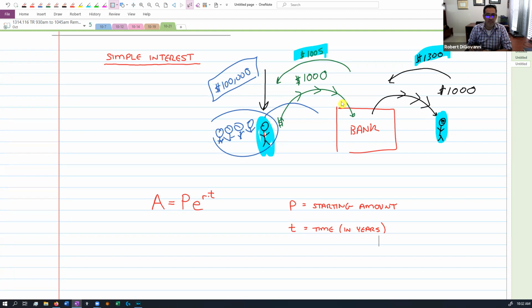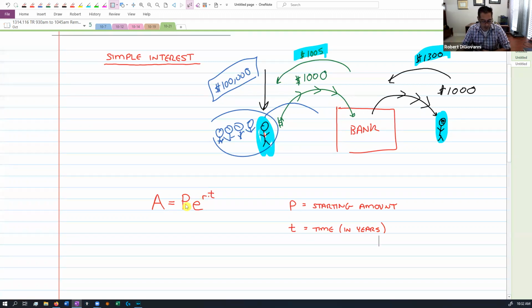Understand? What would T be if they decided to leave their money in there for 6 months? 0.5, half a year, right? So you have to be a little careful because 6 months is half a year. So you would use 0.5 for T.